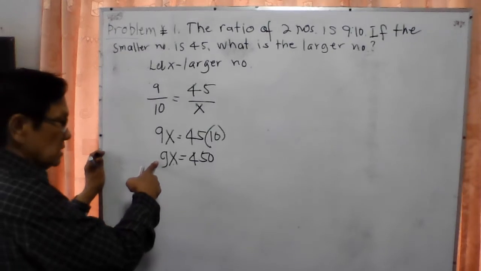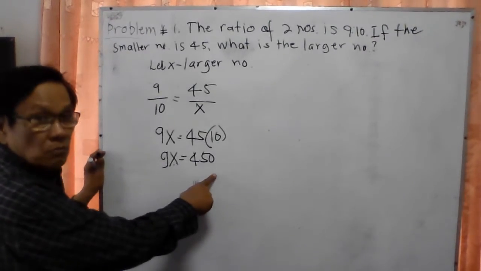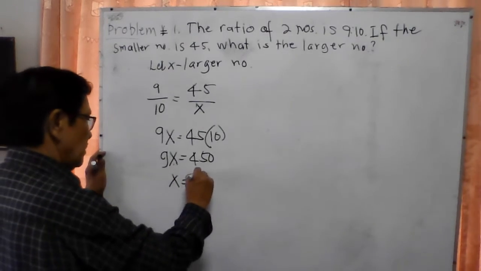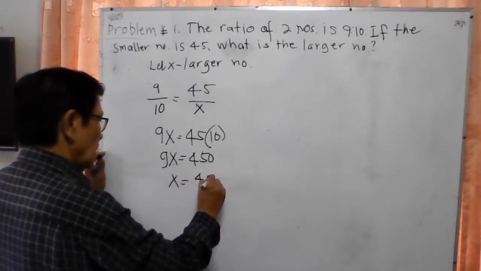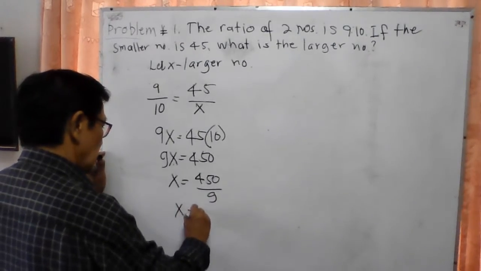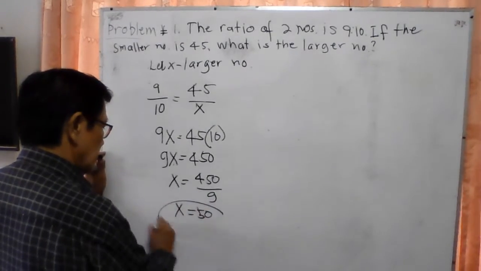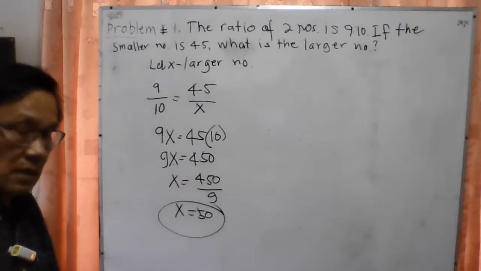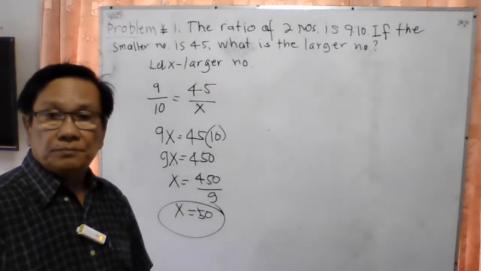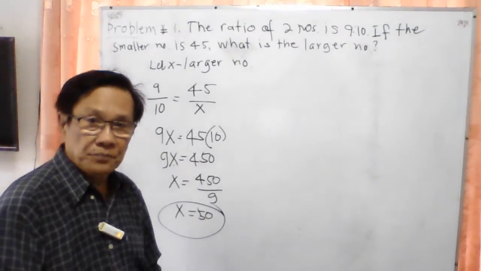It moves to the other side as a denominator. x equals 450 over 9. Therefore, x equals 50. The same answer as we had earlier in the long solution. That's all for problem number 1.